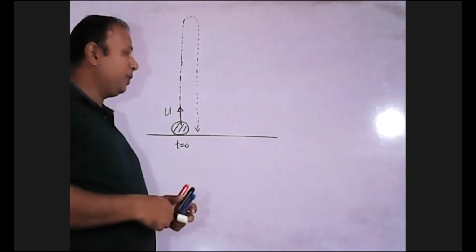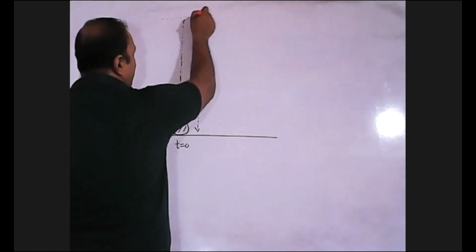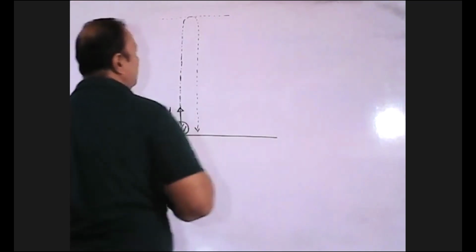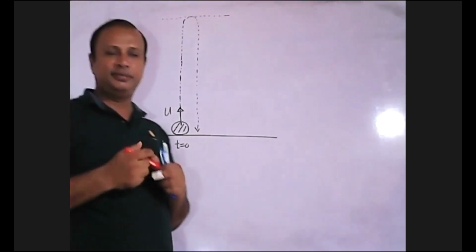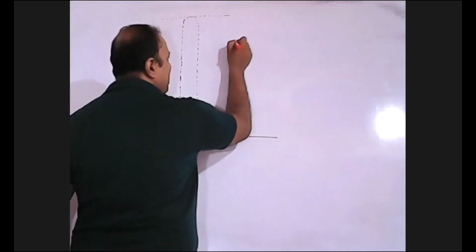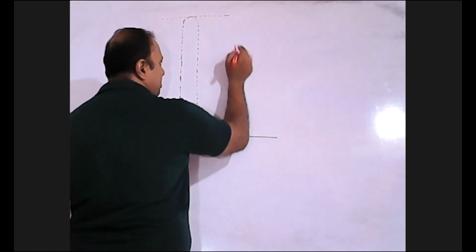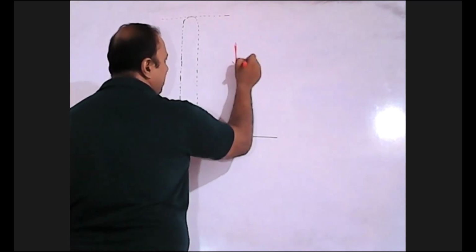Okay. So at this maximum point, what will happen? Okay. You know the gravitational acceleration is in the downward direction.